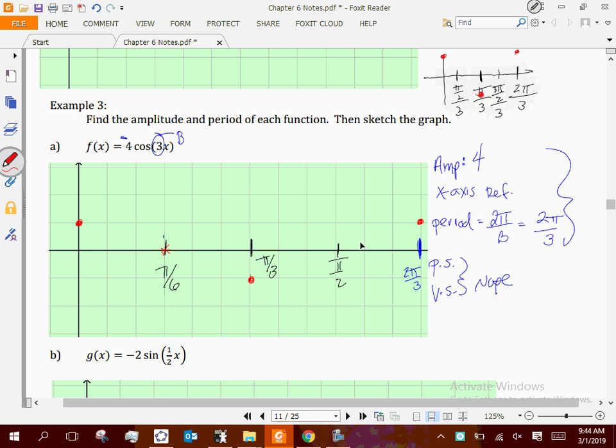Those spots there are x-intercepts, right? So those are the 5 points that we're now going to transform. They're analogous to the 5 points that occur in a normal period 0 to 2 pi, but now they've just been squeezed down to occur between 0 and 2 pi over 3.